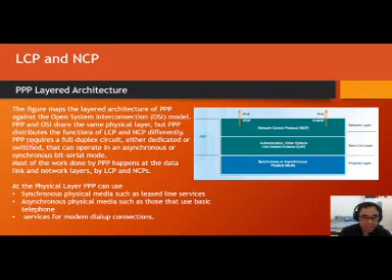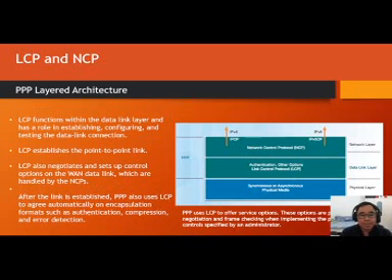PPP requires a full duplex circuit, either dedicated or switched, that can operate in an asynchronous or synchronous bit-serial mode. Most of the work done by PPP happens at the data link and network layers by LCP and NCPs. At the physical layer, PPP can use synchronous physical media such as leased line services, or asynchronous physical media such as those that use basic telephone services for modem dial-up connections.